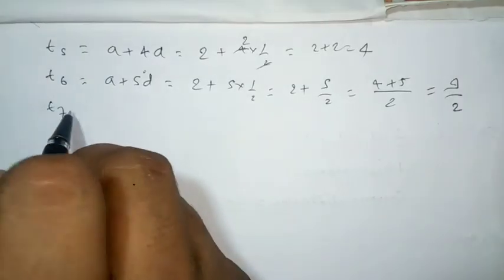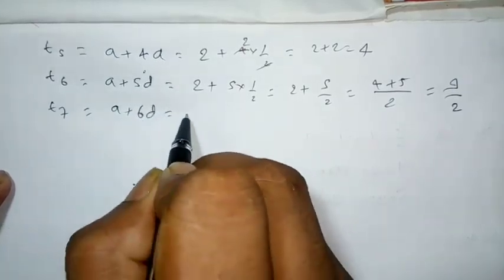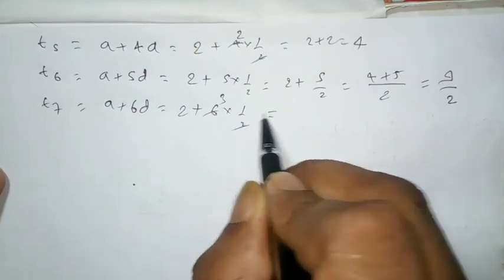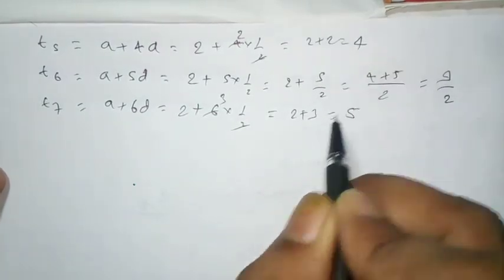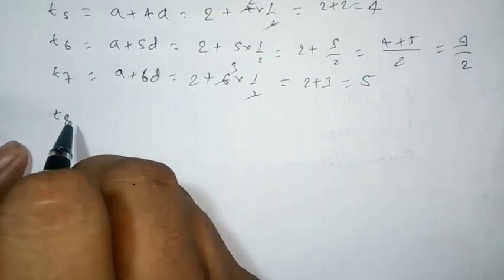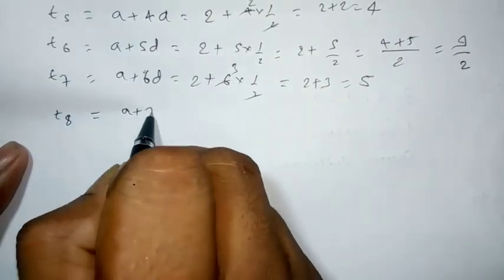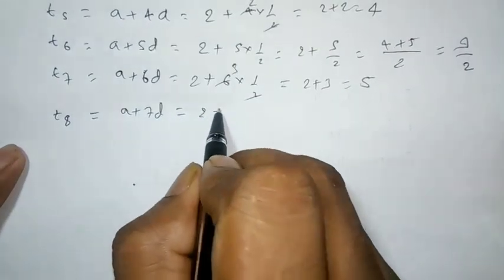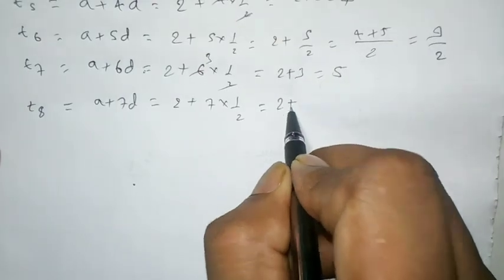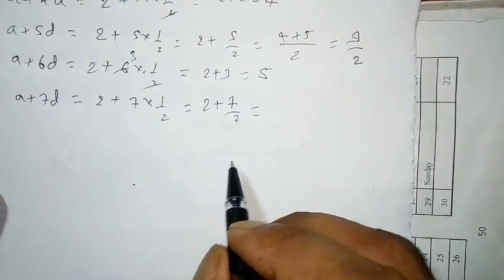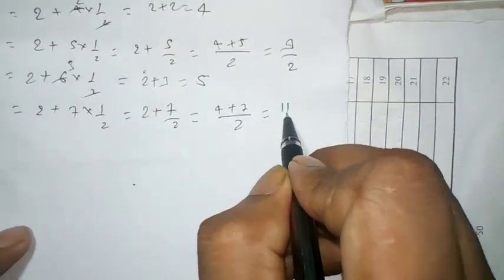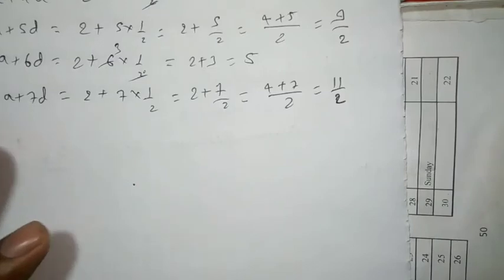Now T7 is equal to A plus 6D is equal to 2 plus 6 into 1 by 2, which is 3, so 2 plus 3 is equal to 5. T8 is equal to A plus 7D is equal to 2 plus 7 into 1 by 2 is equal to 2 plus 7 by 2 is equal to LCM 2, 4 plus 7 is equal to 11 by 2.